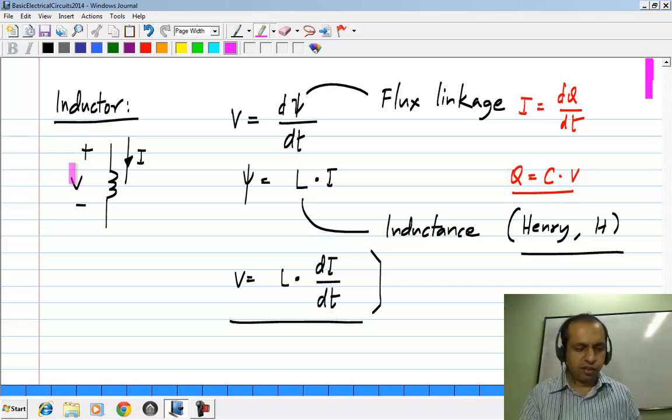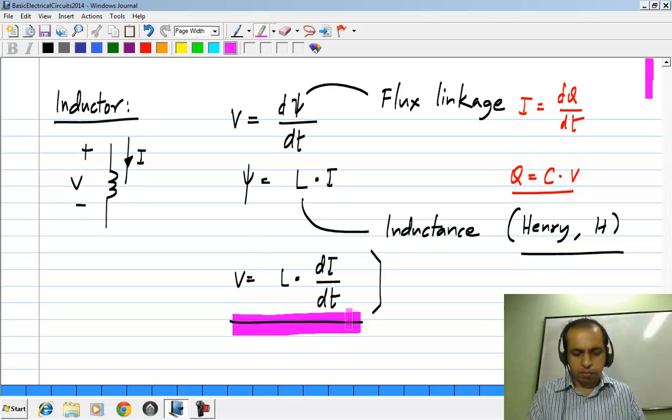This is the correct relationship with this particular sign convention. In most of the physics books, the current would be considered in the other direction, and that's why you get a minus sign in that expression. Now, if you have V like this and I defined this way, this is the relationship, and this is the induced voltage which opposes the change in magnetic flux linkage inside the inductor.